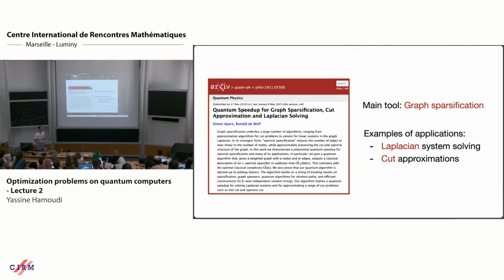And again, this can be accelerated using some non-trivial application of Grover and other techniques. It has applications in terms of solving certain types of linear systems, like so-called Laplacian systems, and also finding approximations to max cut, min cut in graphs.